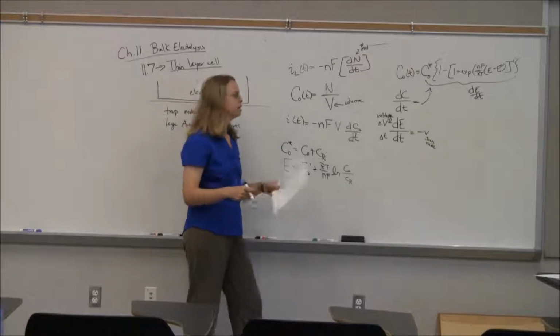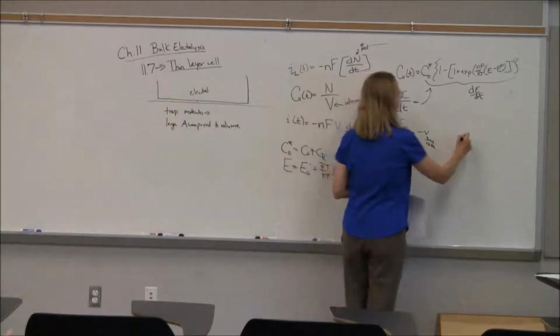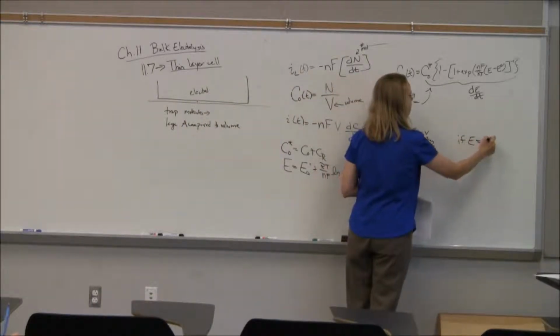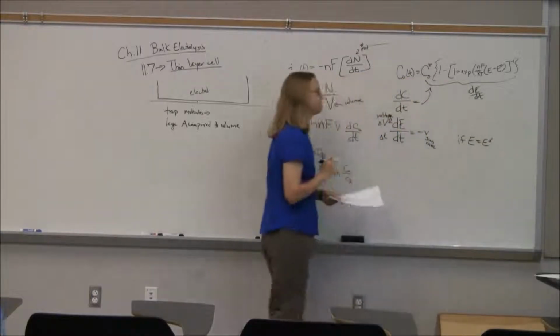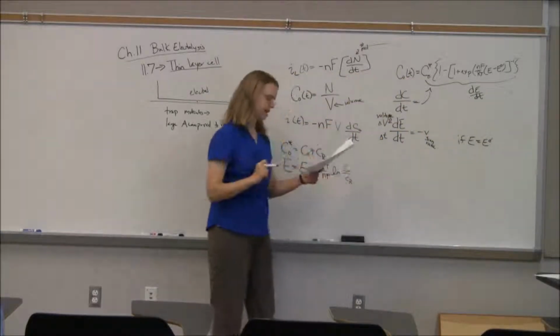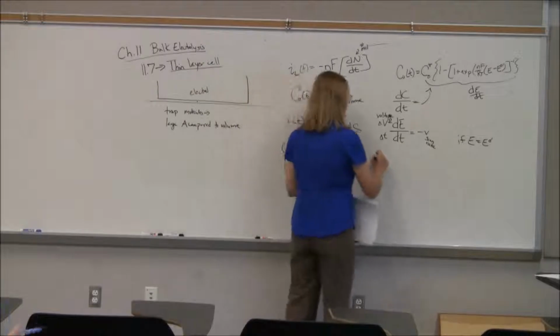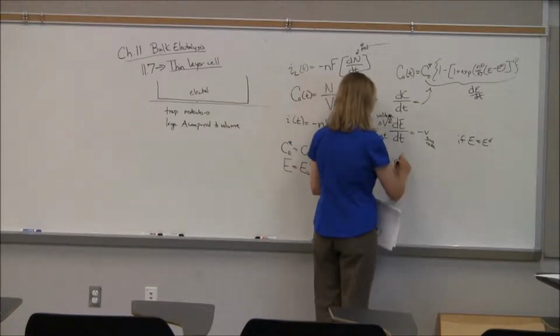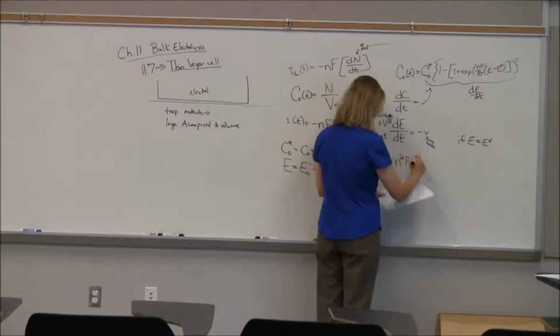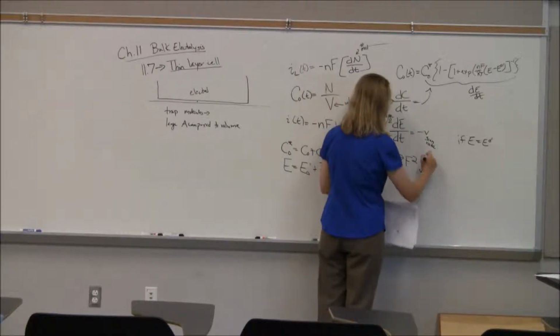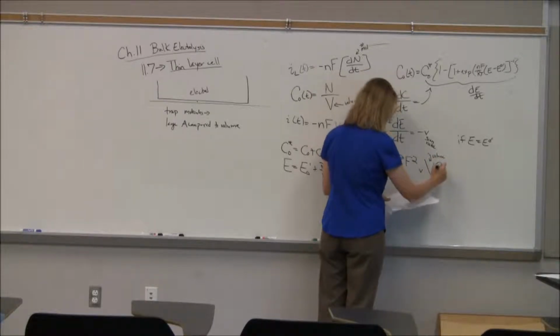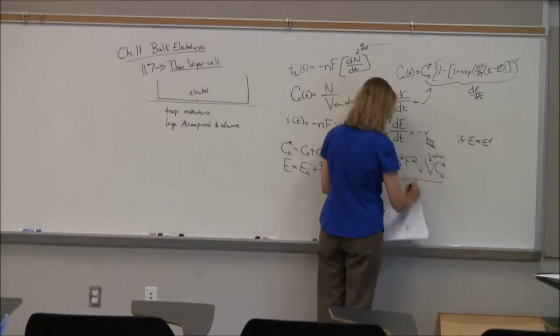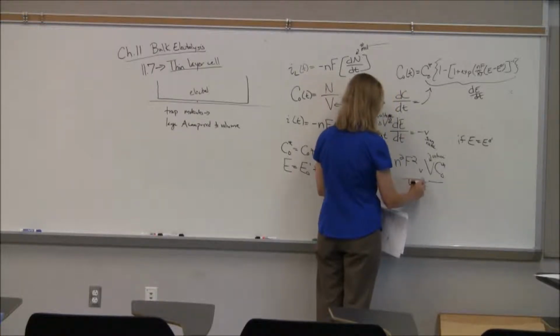And so if we assume E is equal to the formal potential, and we take a derivative on that side, and we solve, we end up with this: n squared F squared, little v, big V for volume, concentration of everyone's bulk, over 4RT.